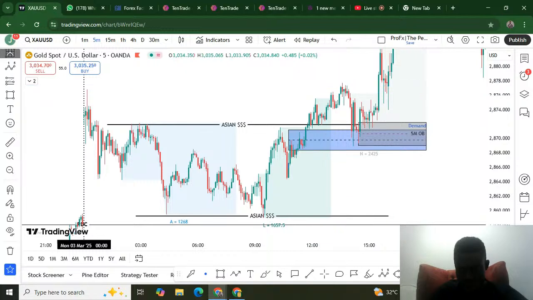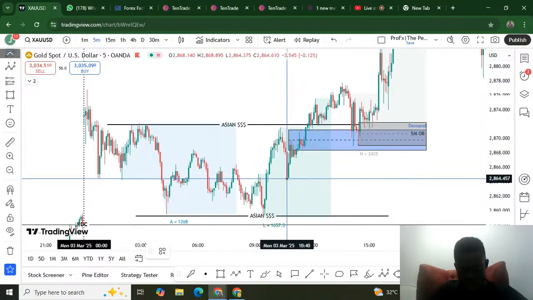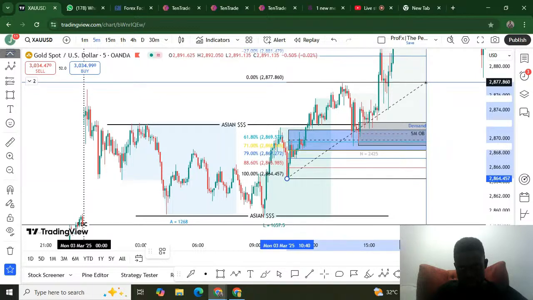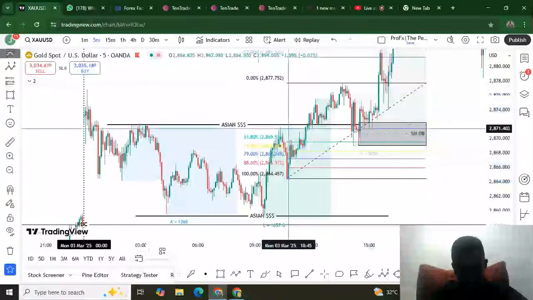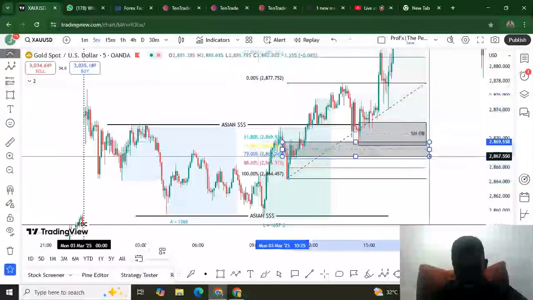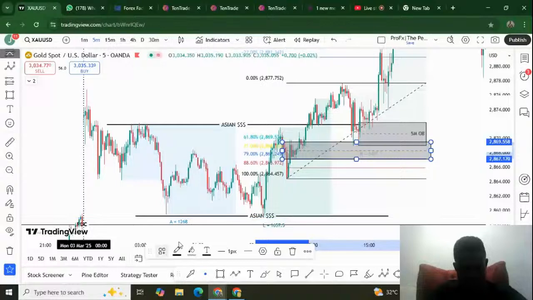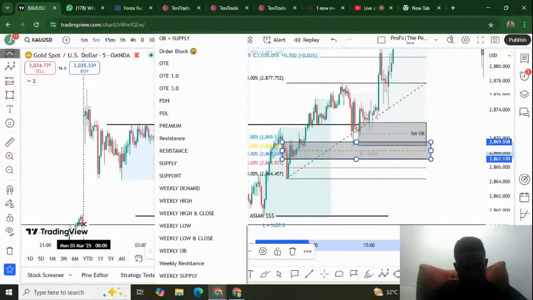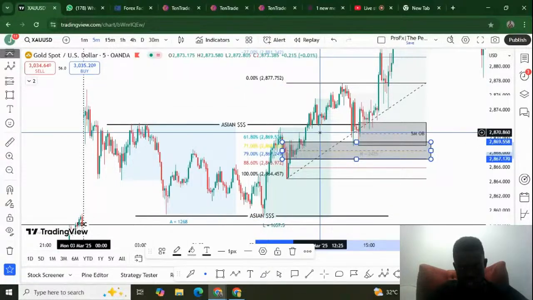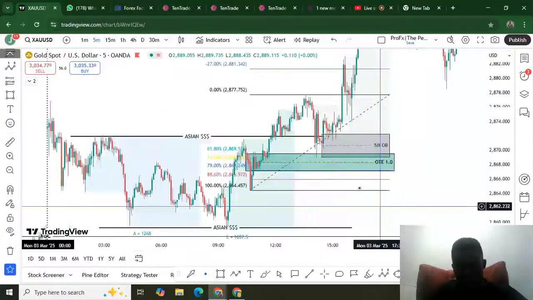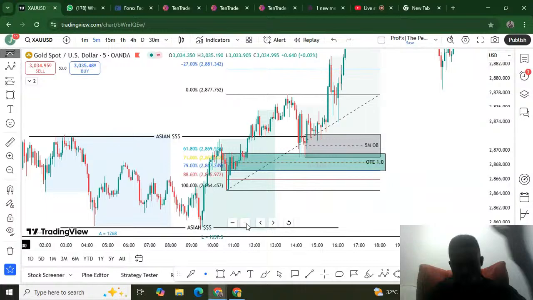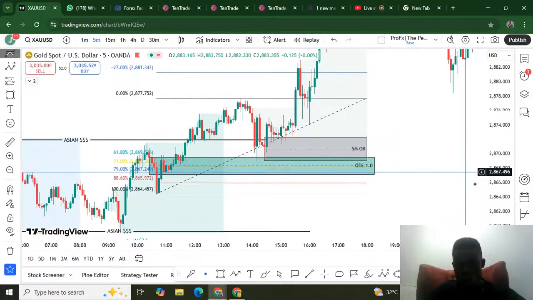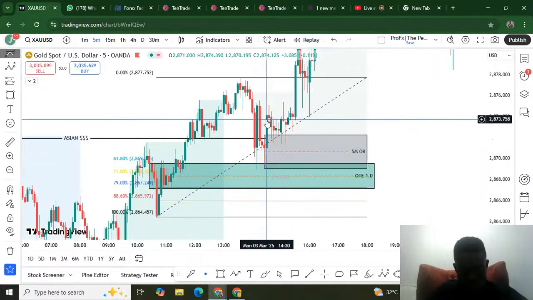This is your high, your low. Let's do Fibonacci, low and high. The OTE is 61.8 to 79%. Buy from OTE with a pending order, and wait for a candlestick to close conveniently above, which is this candle, 230.